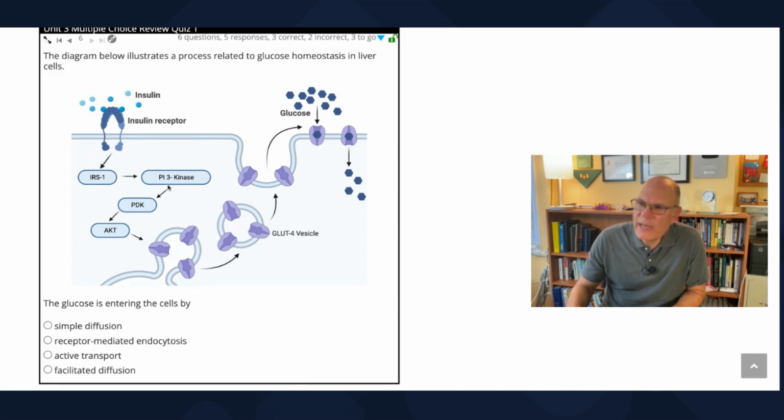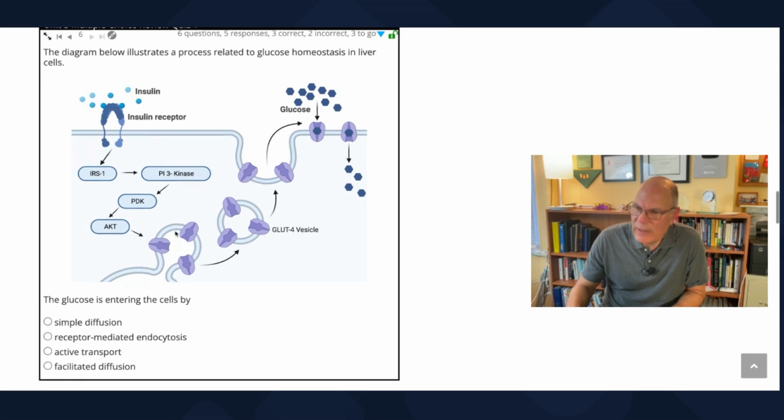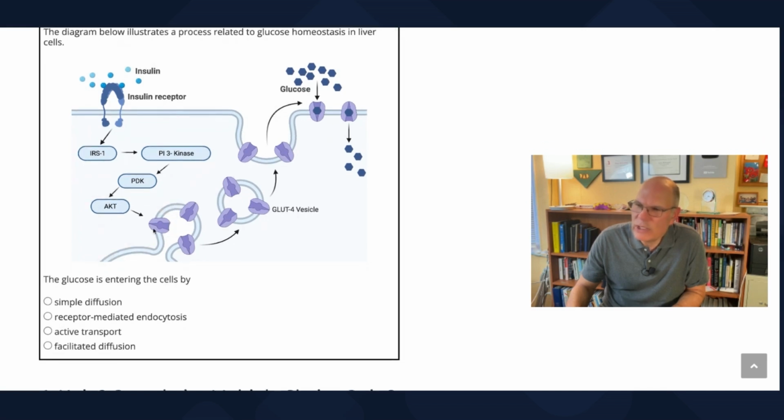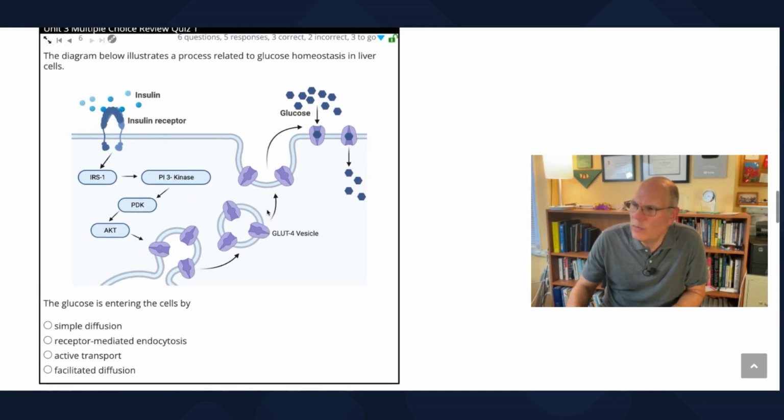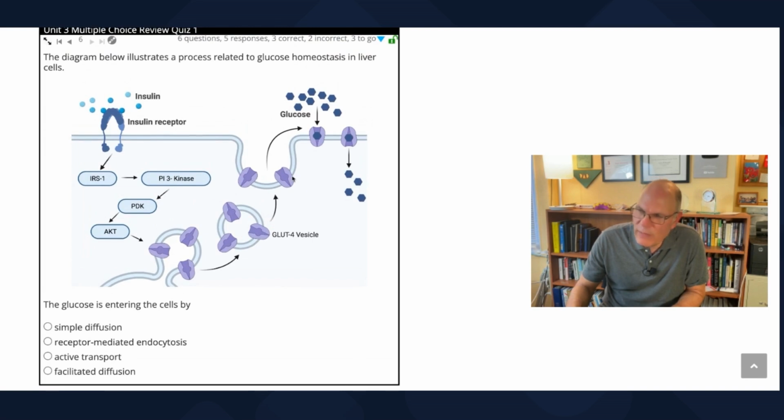Below the insulin receptor, there's a kind of signal transduction system. That signal transduction system goes into some of the internal membranes of the cell. And what we see budding off are these things called GLUT4 vesicles, which then fuse with the membrane, go to the cell membrane, and they allow glucose to enter the cell.